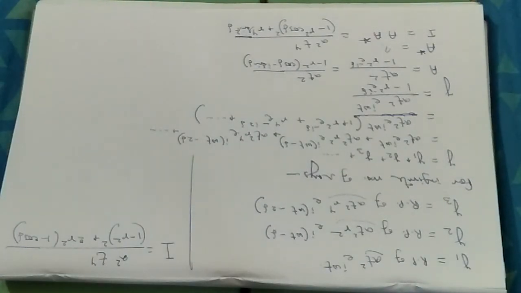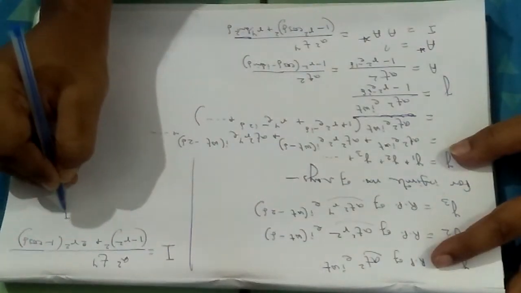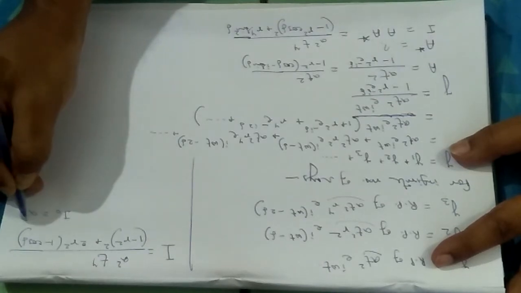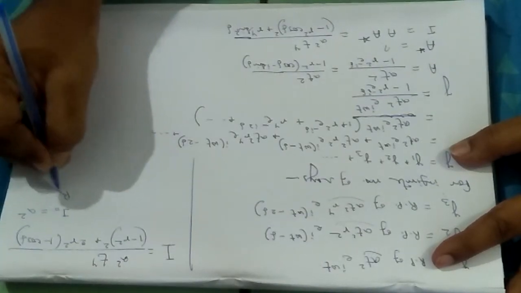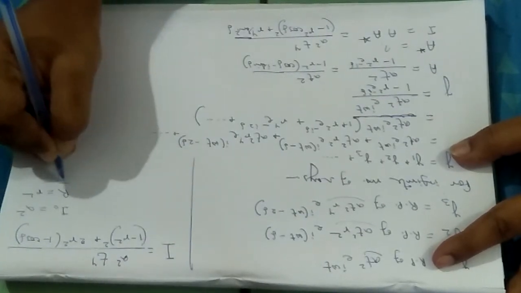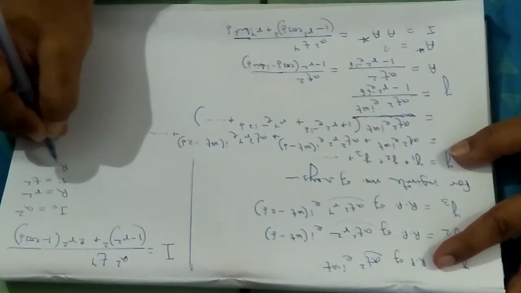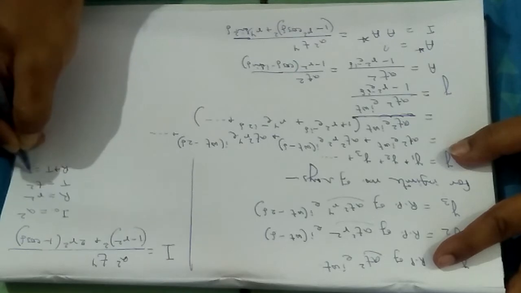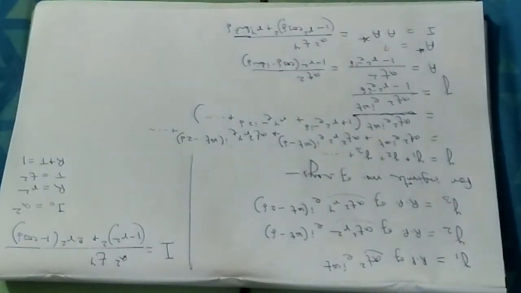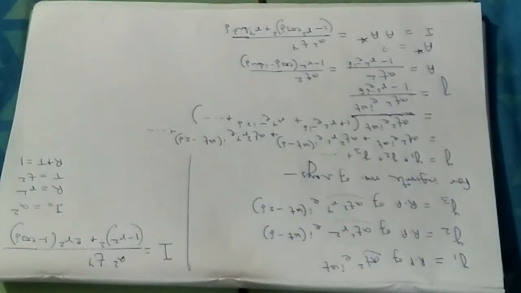Then you have to apply a trick. The trick is very simple. You know I0 equals a square. Also you know capital R equals small r square, capital T equals small t square. Also you know R plus T should be equal to 1, that is reflection plus transmission.